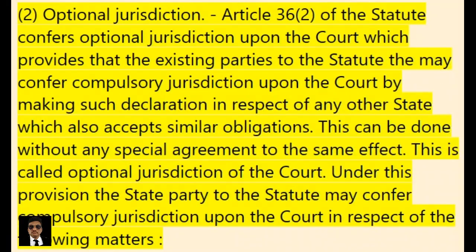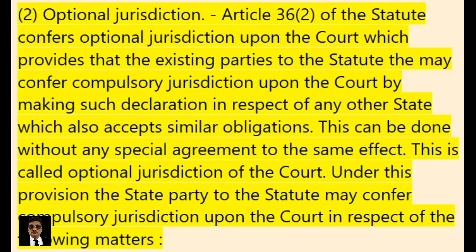2. Optional jurisdiction. Article 36(2) of the statute confers optional jurisdiction upon the court, which provides that the existing parties to the statute may confer compulsory jurisdiction upon the court by making such declaration in respect of any other state which also accepts similar obligations.